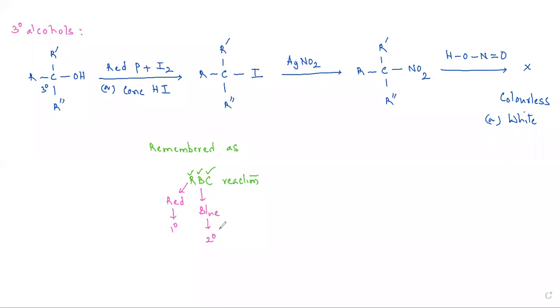Blue with secondary, colorless with tertiary. Okay, very important. Of course, people also call it red, blue, white reaction. No problem. RBC is easy to remember. Just like the red blood cells. Okay.